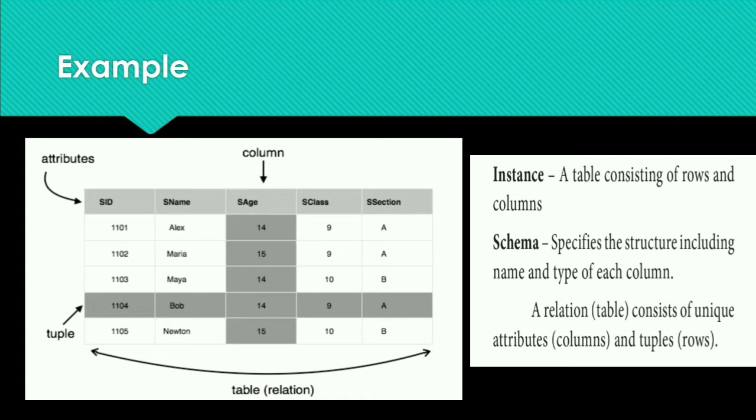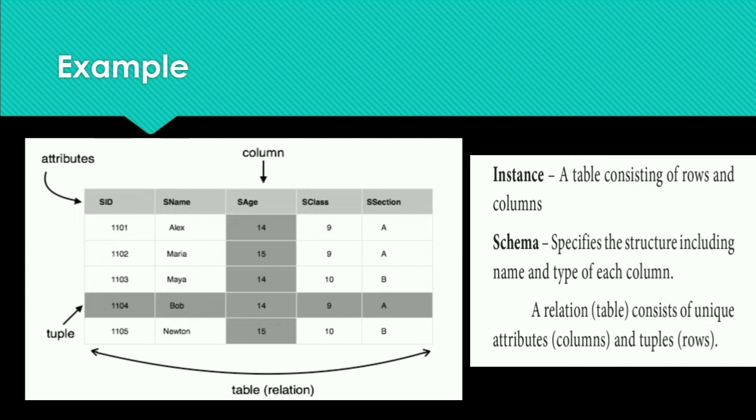And what is schema? Every single column will have a unique name and type. Now, what is name and type? Let us see. The very first column is SID, that is student ID. So what is the data type there? Under that SID column, we have entered only numbers, so the data type is number.